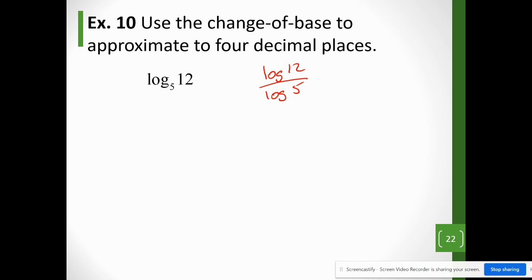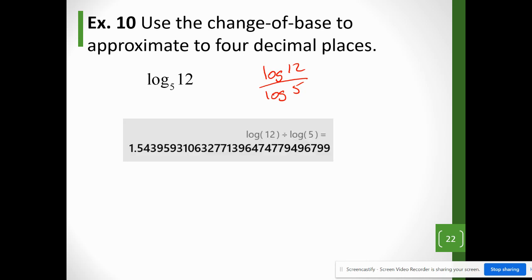If you don't, do this: log of 12 divided by log of 5. I type it in my calculator. I want to approximate it to 4 decimal places. Now my 5th decimal place is big enough, so it pushes the 9, but the 9 ends up pushing the 3. So I'm just going to call this 1.5440.